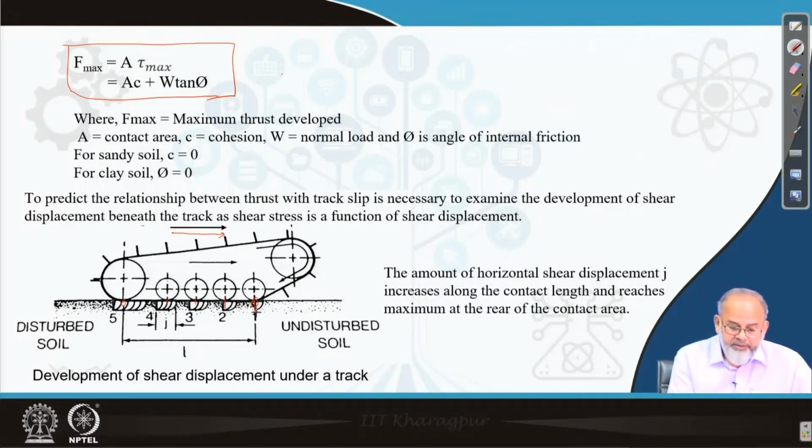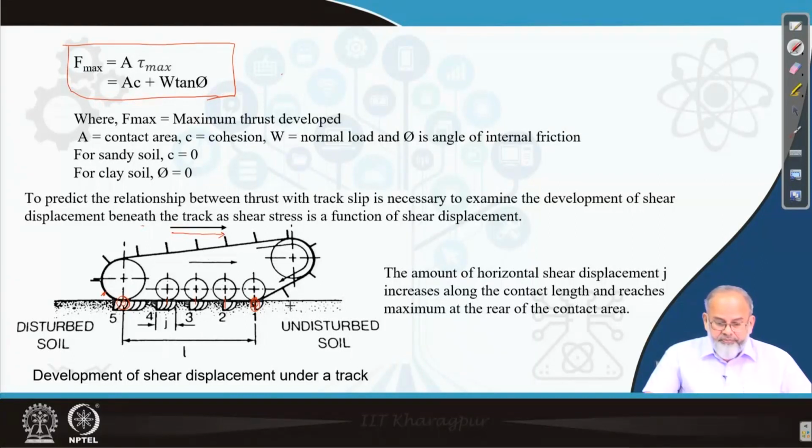As you move towards the rear end, the shear displacement increases, as indicated in this figure, and it reaches a maximum value, because after that there is no contact. The links will not be in touch with the soil. The moment a link leaves the soil, there is no shear displacement developed by it. So the maximum is developed at the rear end, and the minimum is at the front end.